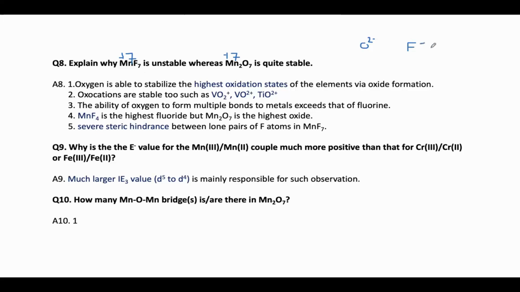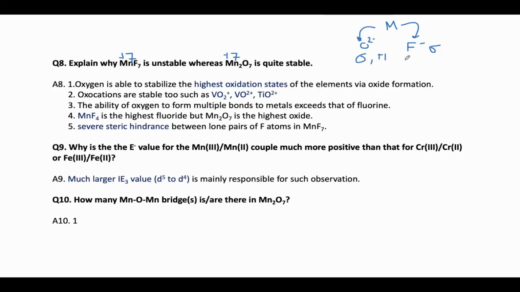So F minus can only form a sigma bond, but O2 minus can form a sigma bond as well as a pi bond with the metal center. That's why metal prefers the oxide anion over the fluoride anion, because with oxygen it can form a very strong polar sigma bond, and also by sidewise overlap it can form a pi bond.